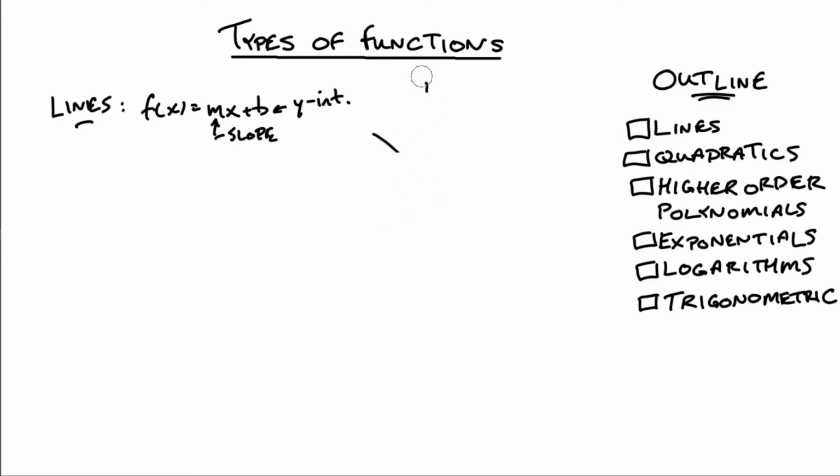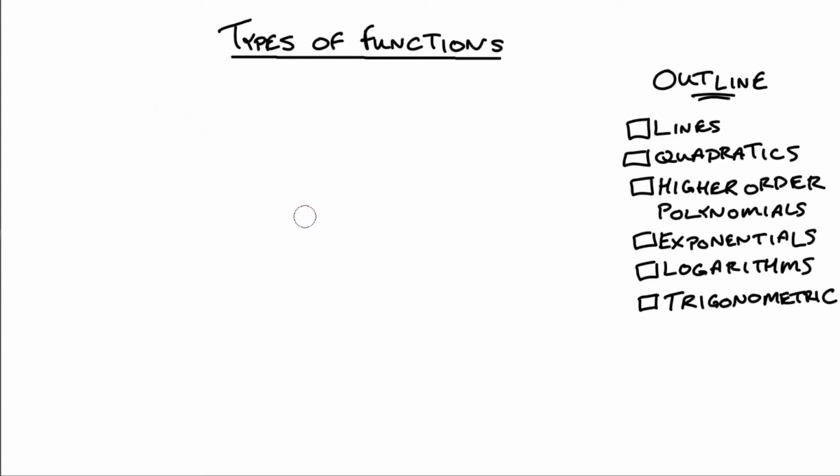Moving on to quadratics, lines and quadratics are actually members of the same family of functions, but they're seen so often that we distinguish and give them their own special names. We'll cover that more when we talk about higher order polynomials. For now, quadratics, or quads for short, have the equation f of x is equal to ax squared plus bx plus c.